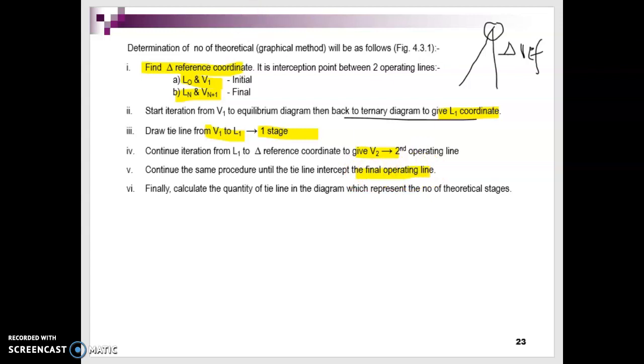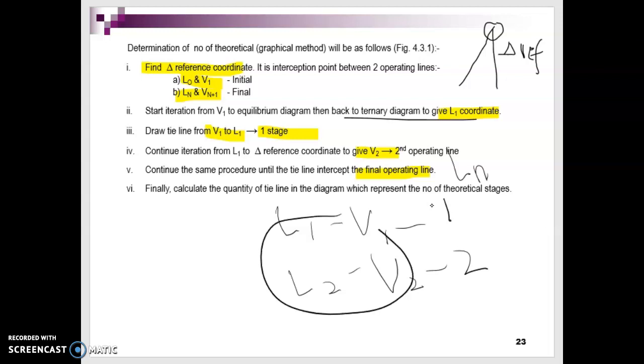Finally, calculate the quantity of the lines in the diagram, which represents the number of theoretical stages. So as I said earlier, how you calculate the stages is L1, V1, one stage; L2, V2, two stages. This is for a complete stage. If you don't have the complete stage, you cannot count it as one.